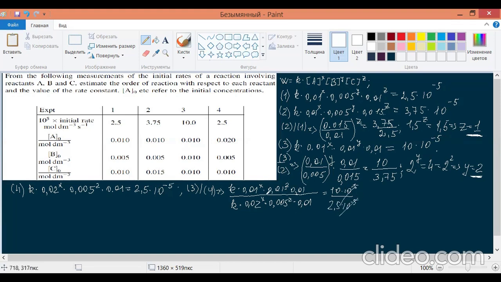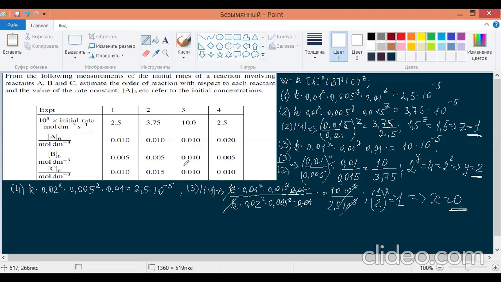So finally, we've got the following. We've got 1, and that means x is equal to 0.